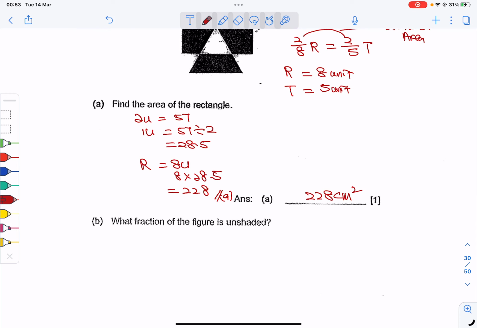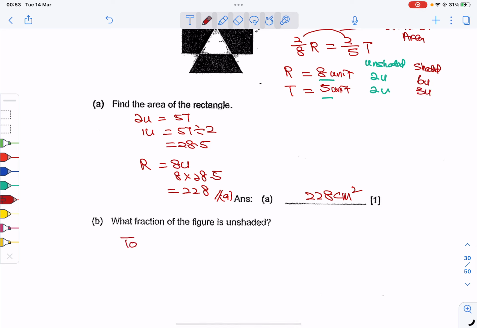Okay, so here we have total rectangle is 8, total triangle is 5, and unshaded is 2. Here is 2. So here the shaded of the rectangle will be 6, and shaded of triangle will be 3.